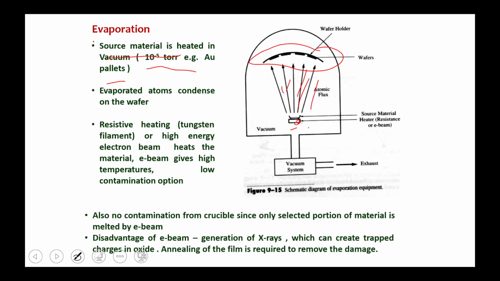But why can't we just use all kinds of metals in an E-beam? Is it possible to use any metals? Yes, we can evaporate aluminum, gold, silver, anything through the E-beam.